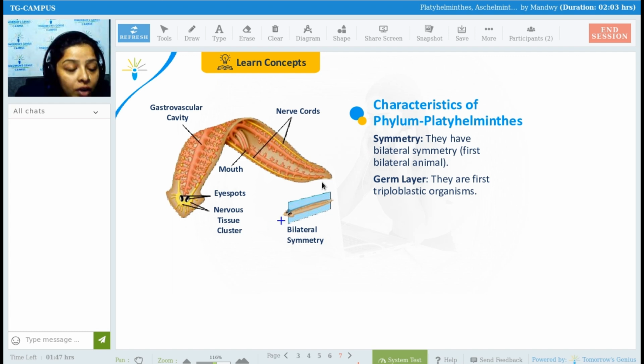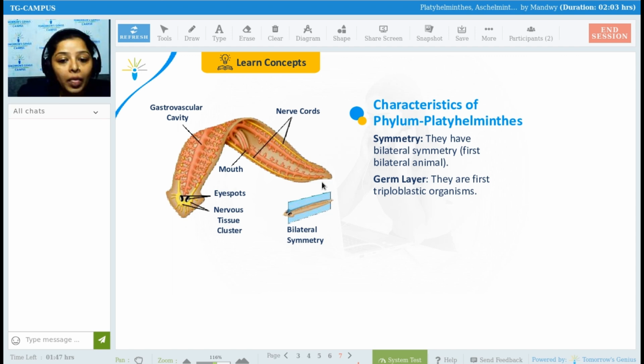This is the first group from where bilateral symmetry starts. Before that, we have seen biradial and radial symmetry, right? From here, bilateral symmetry starts. So we can say that all the animals of Platyhelminthes are the first bilaterally symmetrical animals.